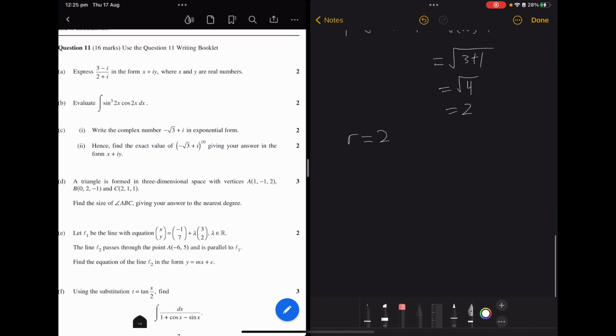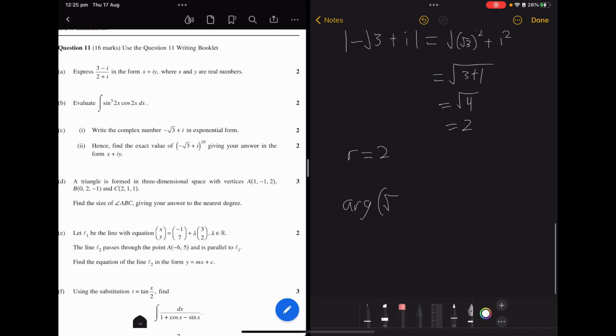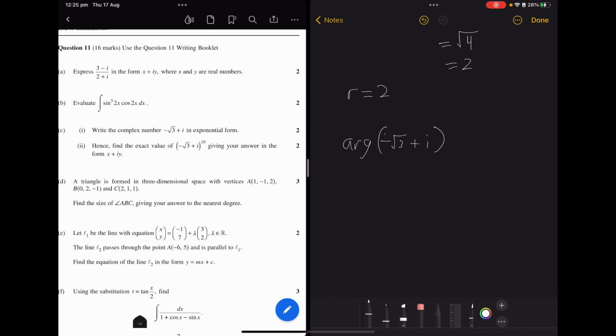So next is the argument of z. We want to find the argument of negative root 3 plus i. If you get a sort of diagram for it, you can see that you'll have negative root 3 plus i, and the imaginary part is 1.